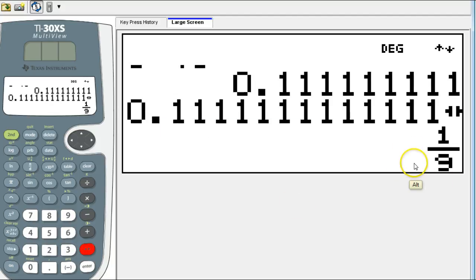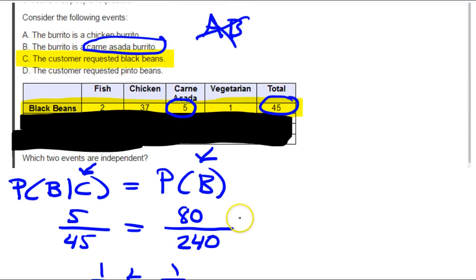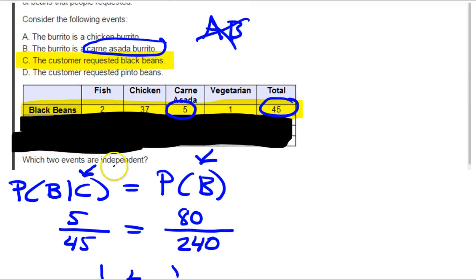That's 1/9. Those are not equal. So that means that events B and C are not independent. So we tried B and C. They are not independent. All right, let's try C and D.